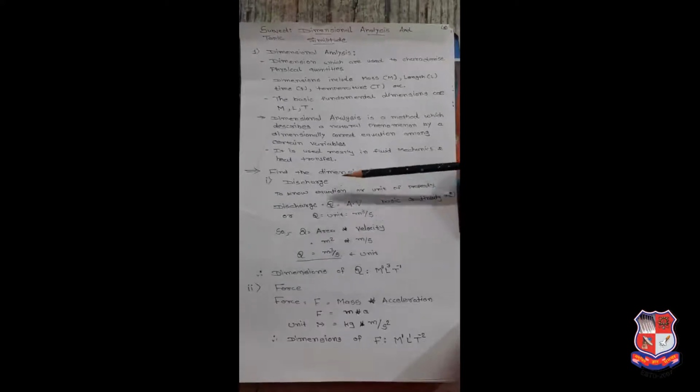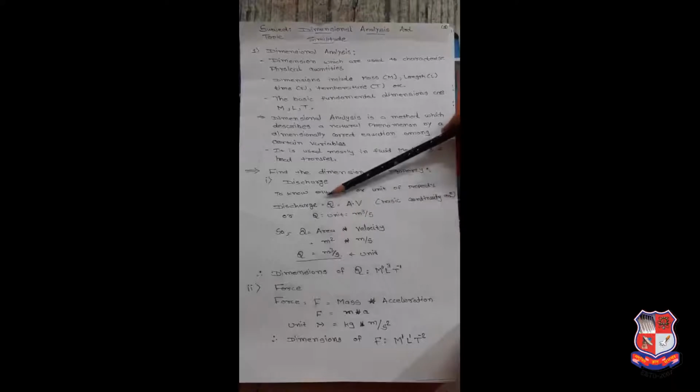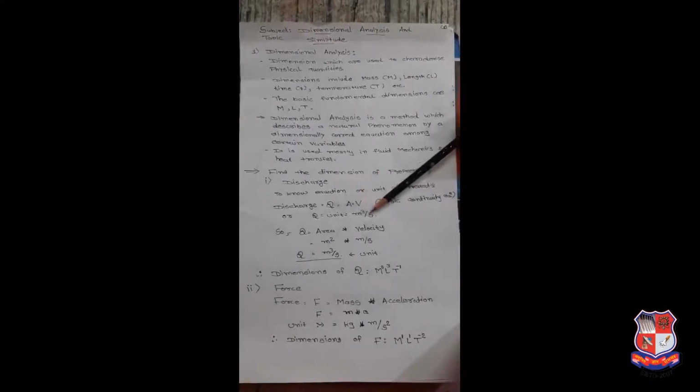First, discharge. To find the dimension of discharge, we have the equation of discharge, Q is equal to AV, which is the basic continuity equation. Let's start with the equation. Q is equal to area into velocity. The unit of area is meter square and velocity is meter per second.